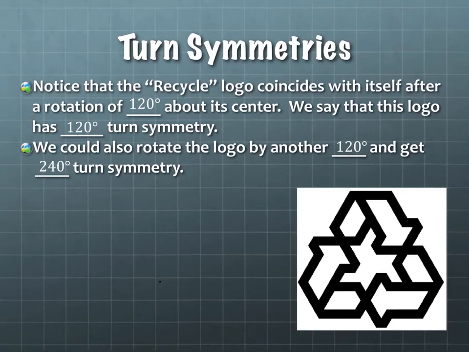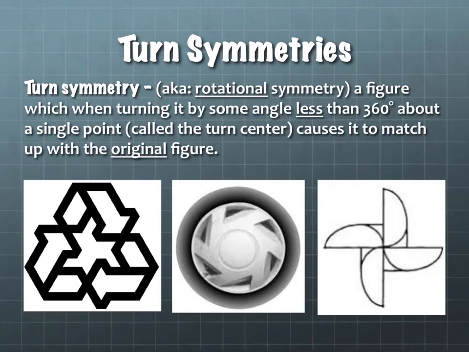If you take a look at the car tire, how far do you believe you would have to turn it, or how many times, in order to get that image again? Can you tell? It's 6. There's sort of these 6 repeating images. You can almost think of it as these 6, they're kind of like triangles.